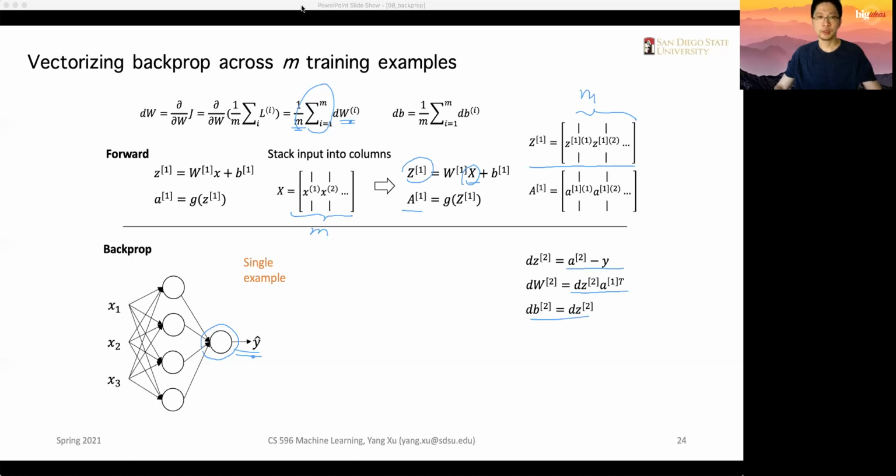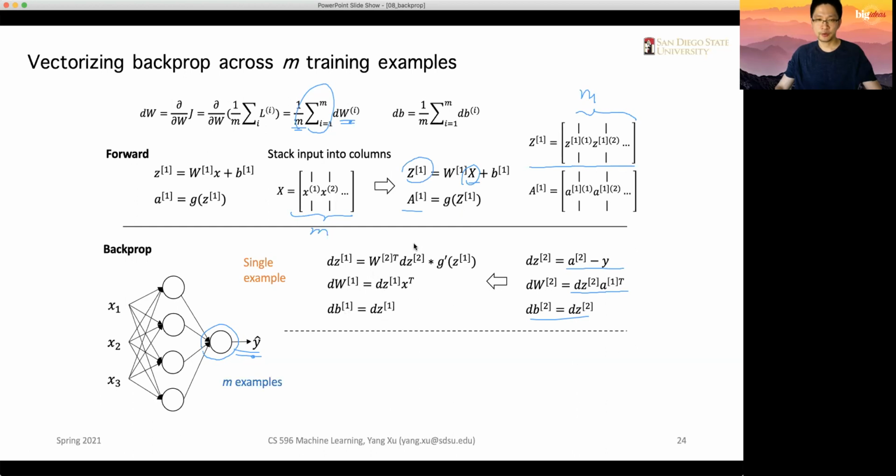And db2. That's what we already know. And by backpropagating this dz2 to dz1, we would have this formula, right? And dw1 and db1. And if we have m examples, it's basically the same thing, right?